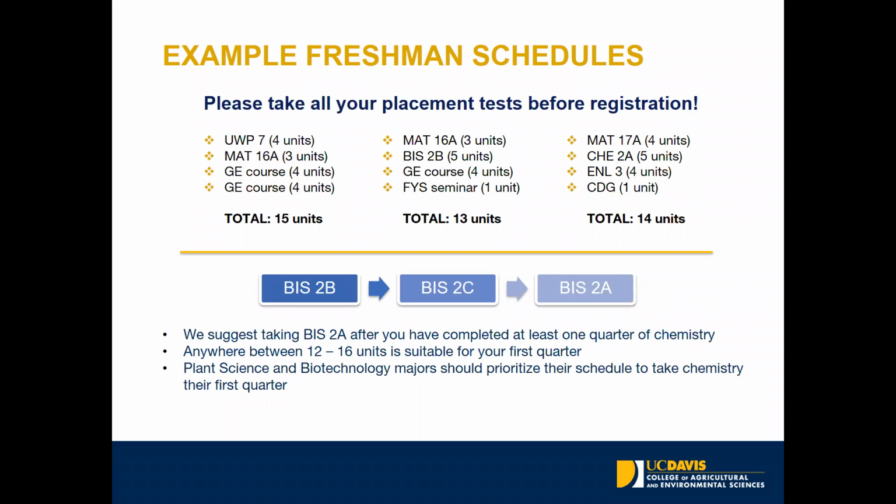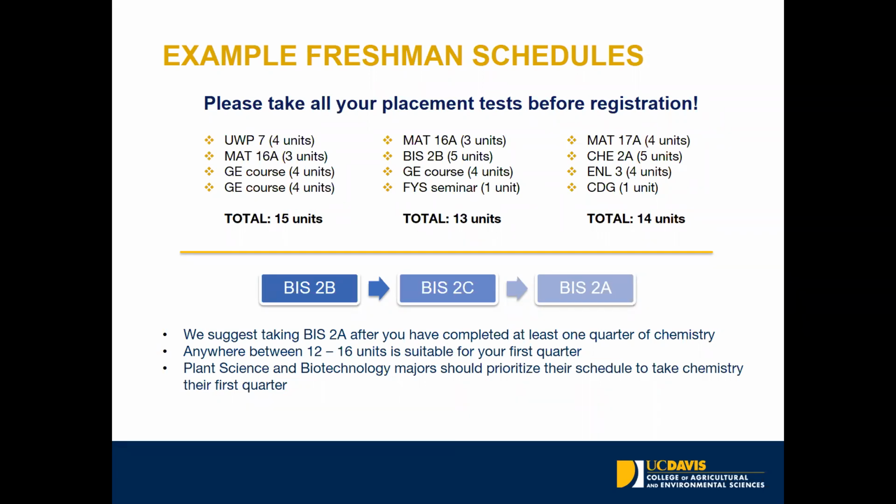Example freshman schedules. I want to reiterate that these are just examples. Obviously, which math class, which English class, and chemistry class you're going to take is going to be based off your placement tests, and we can help you figure out where you placed if you're unsure. It's really going to benefit you if you have your placement tests done before you meet with us one-on-one.